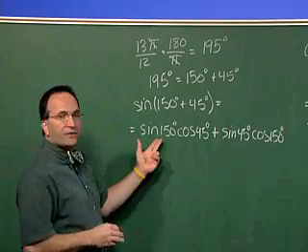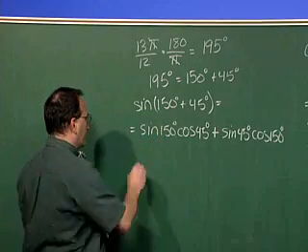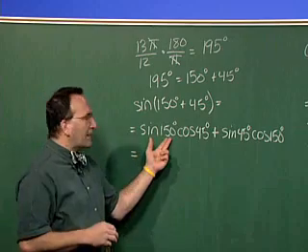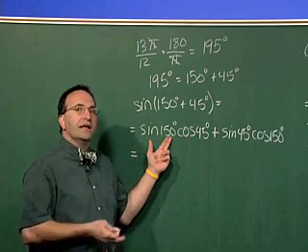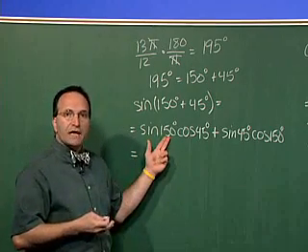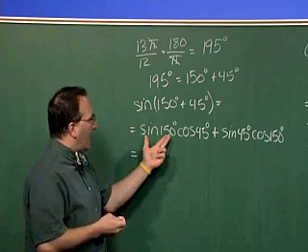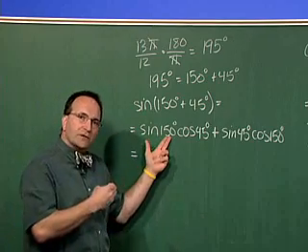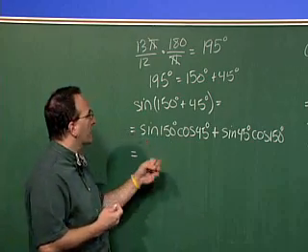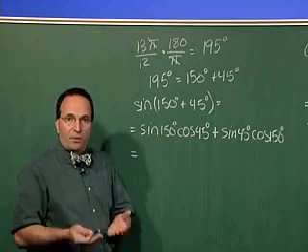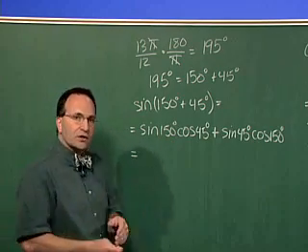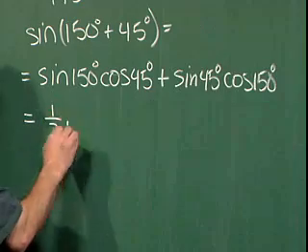Now, we want the sine of 150 degrees. The reference angle for 150 is your 30-degree angle. We know that 150 is in quadrant 2, so sine is positive. So we're looking for the positive sine of 30 degrees, which is 1/2.